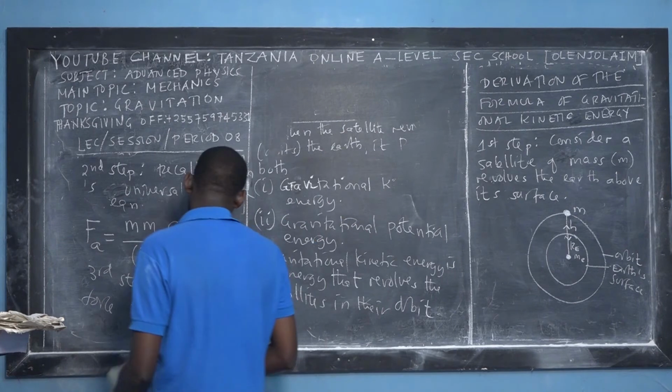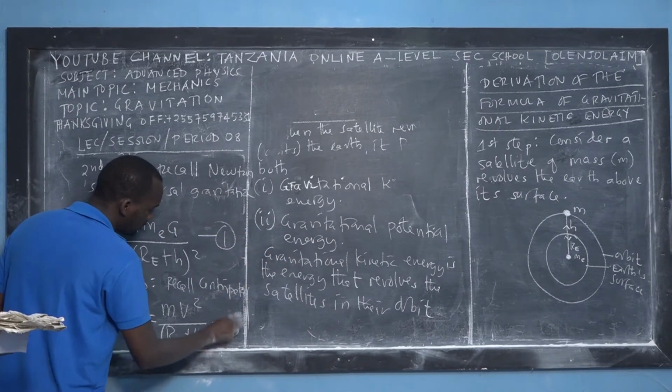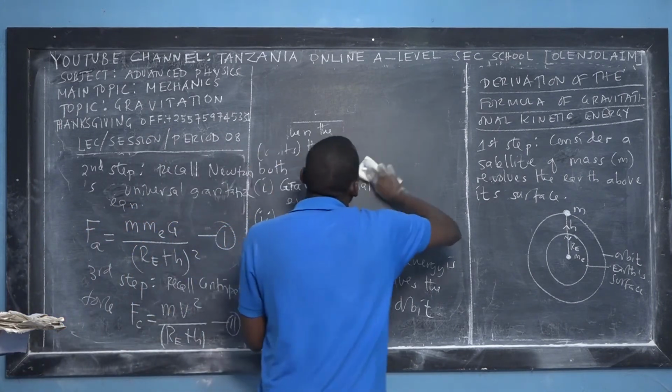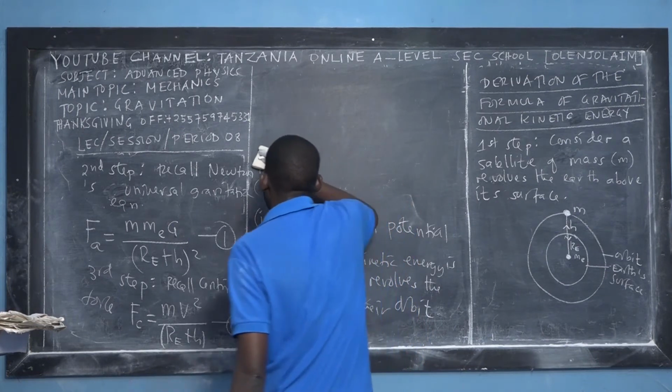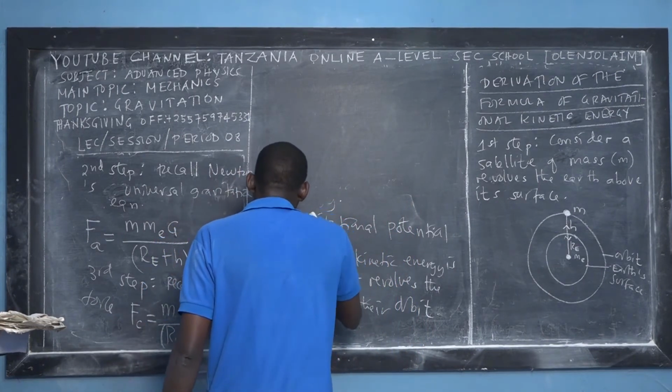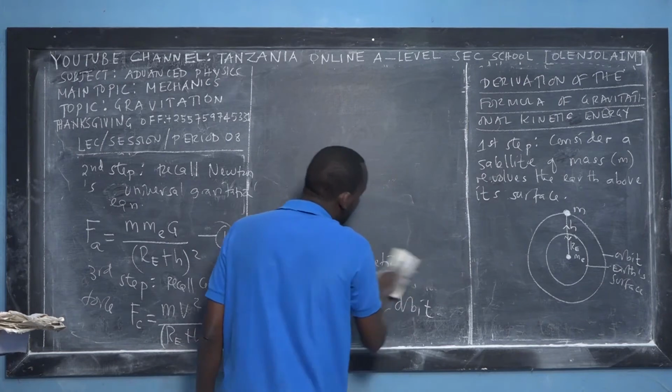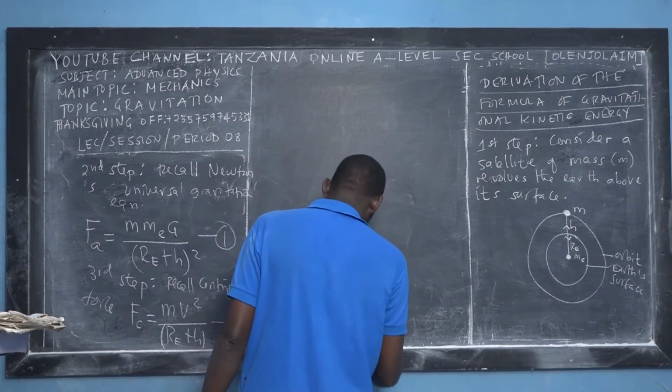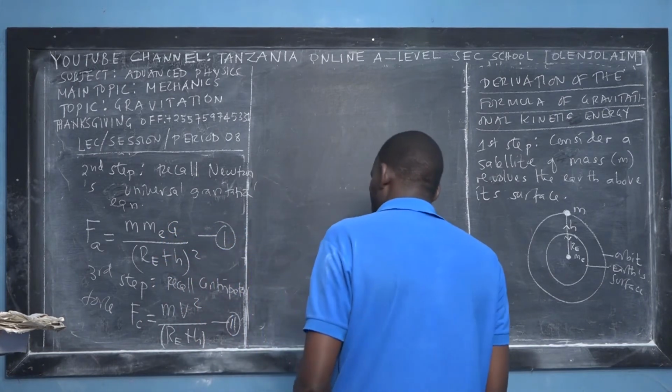So this is equation 2. According to Newton, the heavenly body, that is the satellite, maintains its orbit if both forces, the centripetal force and the force of attraction, balance.